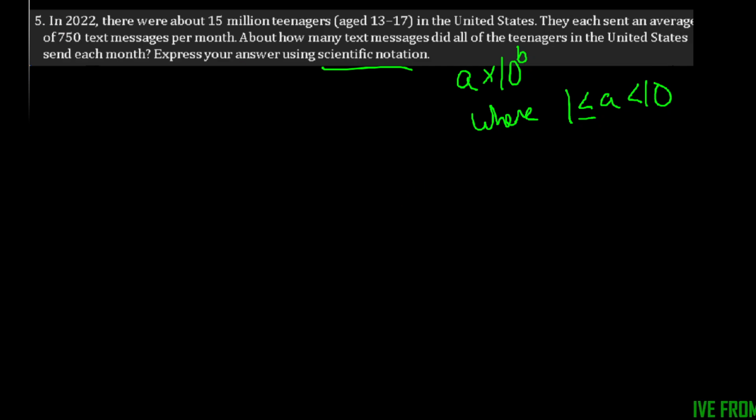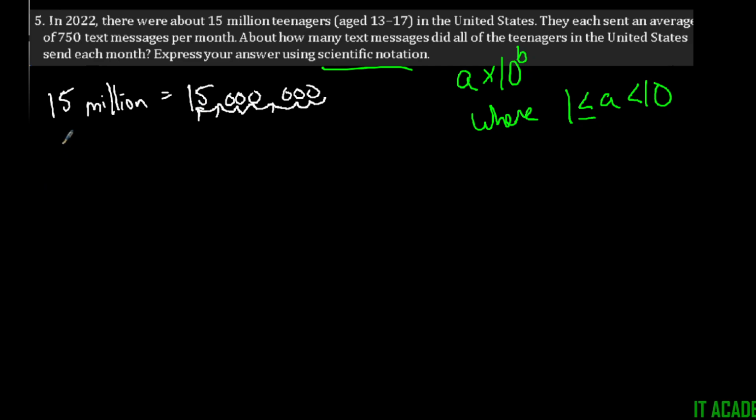When it says 15 million, let's try writing that out. That's going to be the same as 15 and then some commas in there, which we can change to scientific notation. So I can count 1, 2, 3, 4, 5, 6, 7.